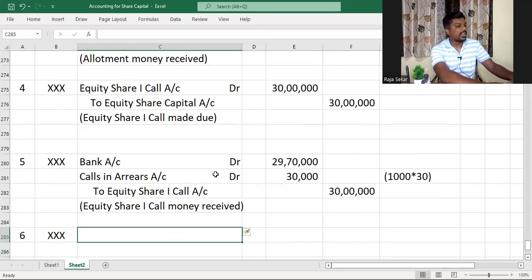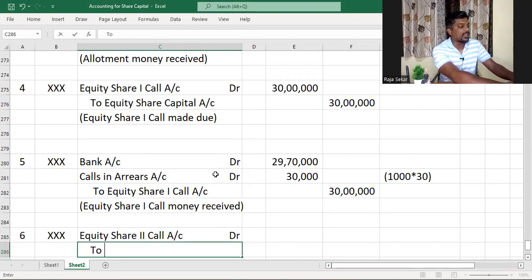The next thing that we need to do would be to make equity share second call due. Please listen to me carefully here. Even when Harini has not paid the first call, she's still the shareholder, and we'll make that amount due for her also. We'll make share second call amount due for Harini also. It is not like we will not make it due for her.